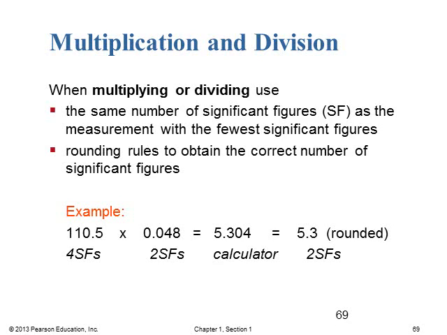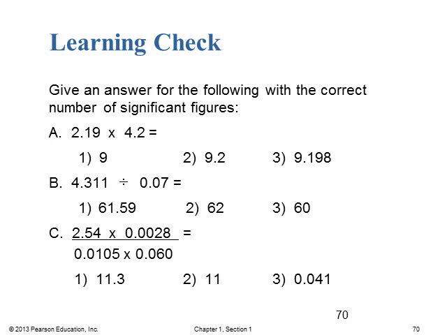We're only allowed to report 2, given by our 0.048. And so we have to round that off to 5.3. All right, and that is because our 0.04 is chopped off to give us the correct number of places. 0 is less than 5, and so we can leave the rest of the remaining number alone.